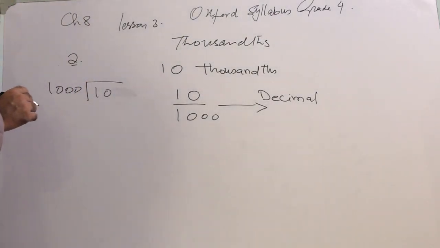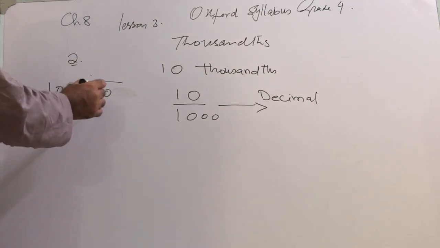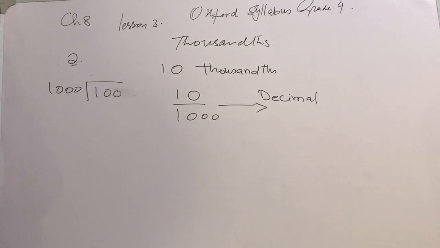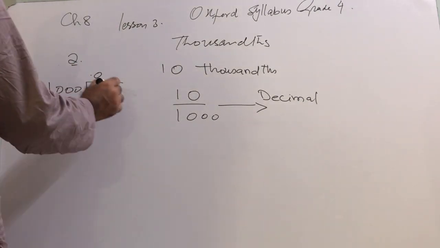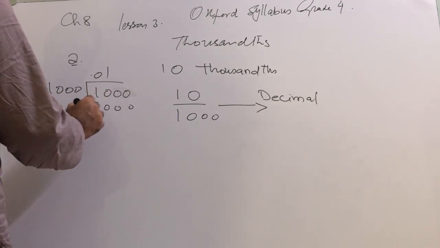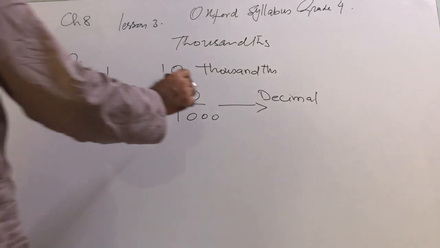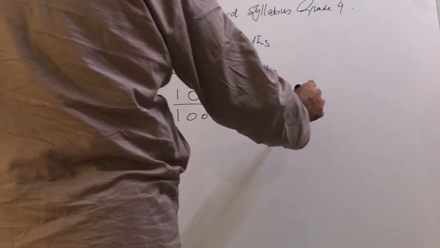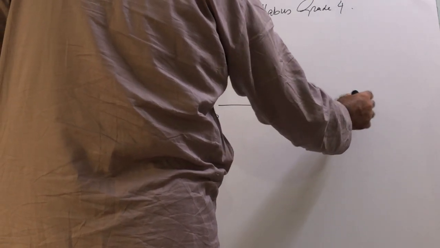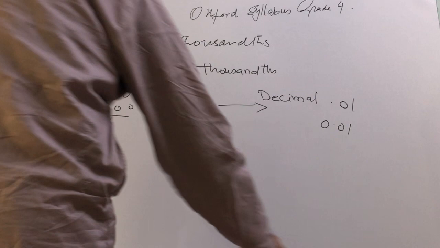Ten is smaller than 1000, we cannot divide. Put a decimal point here, put 0 here, still it is smaller, we cannot divide. Then put 0 here and put 0 here. 1000 ones are 1000, so we are getting 0.01. So 10 over 1000, when we convert it into decimal form, it becomes 0.01. Remember, 0.01 and the fraction both are the same.